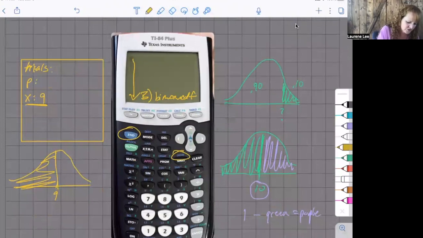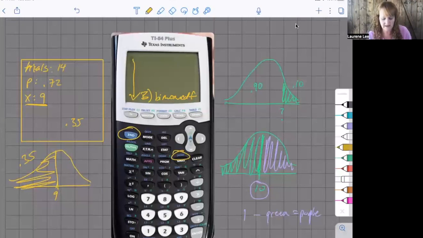Here we go. Trials 14, p is 0.72. Good. So trials 14, p 0.72, my X value of 9, that gives me 0.35. So that means on this picture, 0.35 is my yellow section.